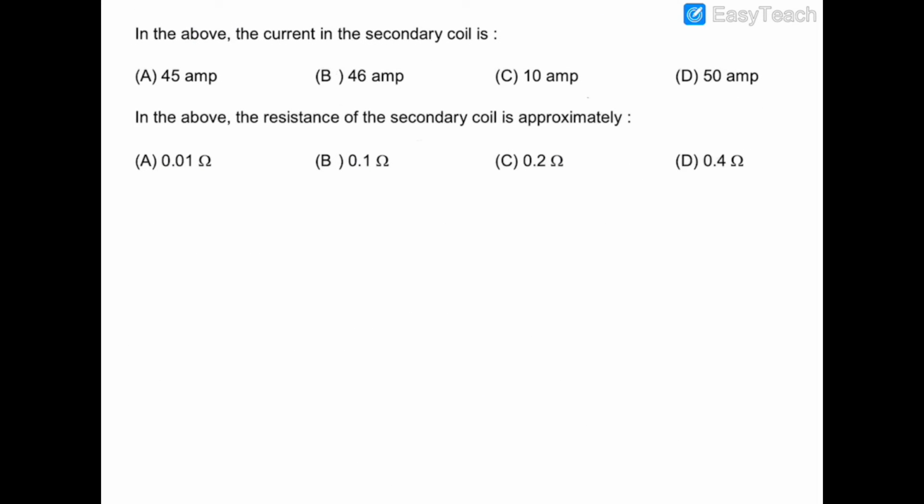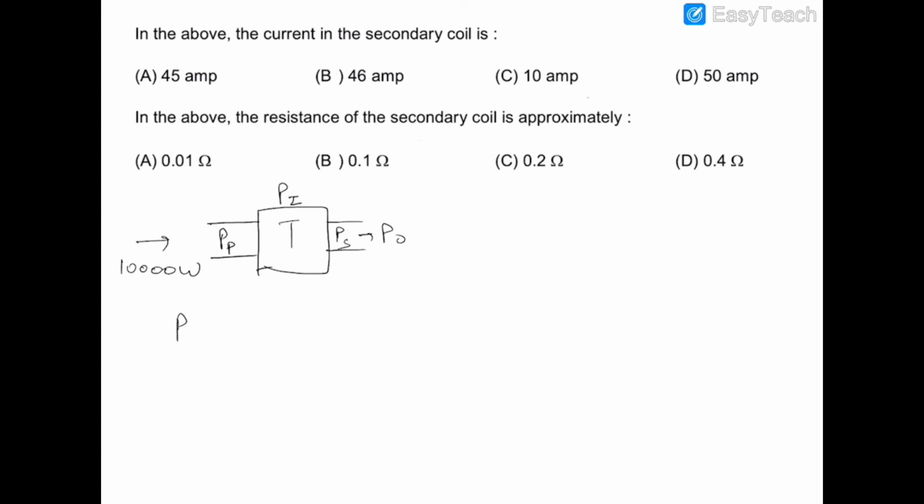Now in this question we have to find out the current in the secondary coil. So let us draw the diagram of the transformer for that. We know that the input power was 10,000 watts. The power lost in the primary coil is PP, the power loss due to the iron is PI, the power loss in the secondary coil is PS, and this is the output power.